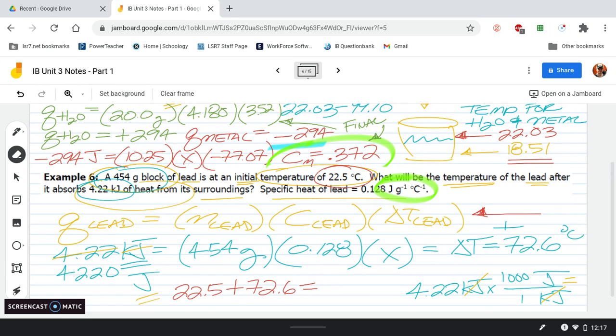So I just went to the 3 sig figs on the 72.6. So 72.6 and 22.5. And your temperature of your lead after you do all of this stuff is going to be 95.1 degrees Celsius.